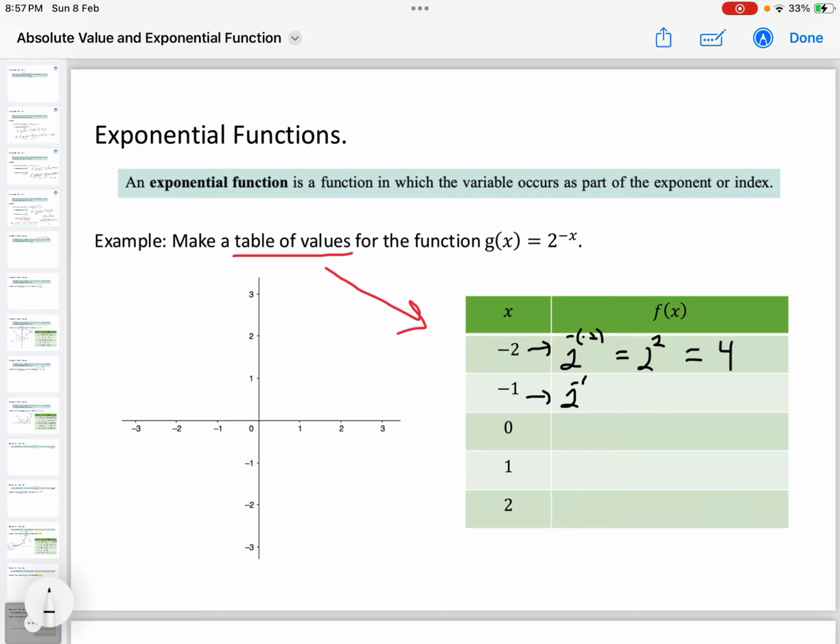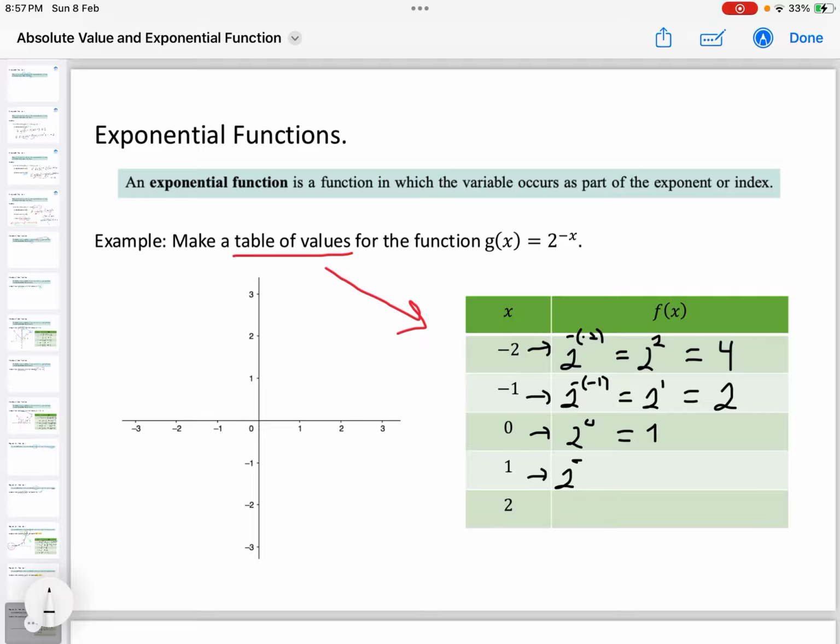Let's continue. -1. That will be 2 with the power -(-1), and that's the same as 2 with the power 1, in which the answer is 2. Then the next one is 2 with the power 0, and you remember that any power 0 is always 1.